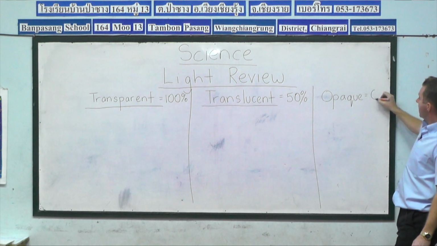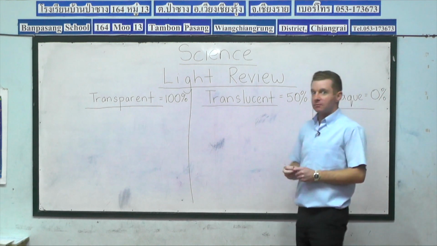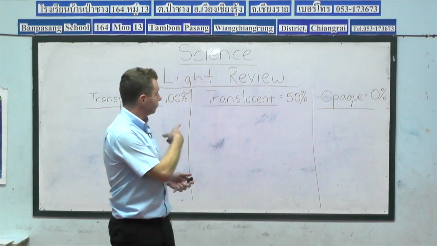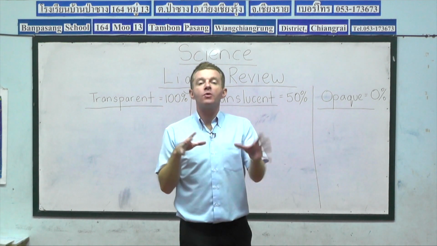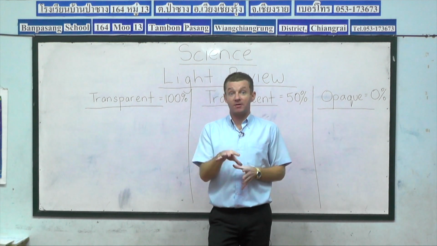O-P-A-Q-U-E. Allow 0% of light to pass through. So we've got our 3 columns on the board. Transparent, translucent, and opaque.